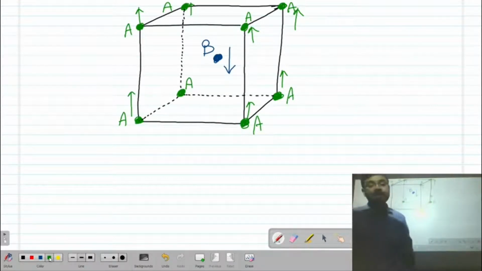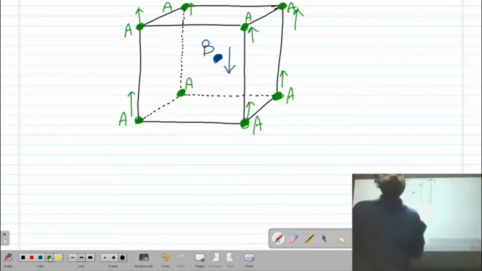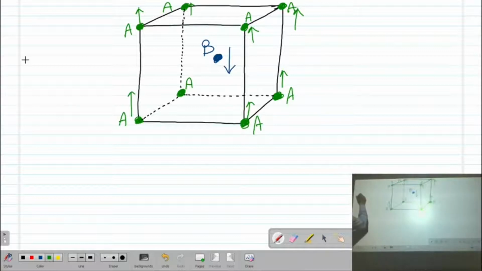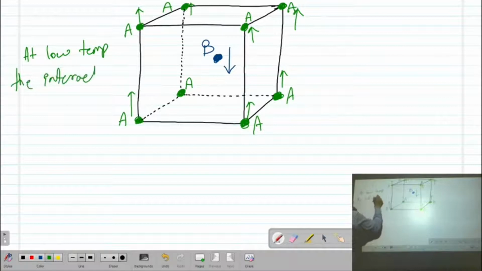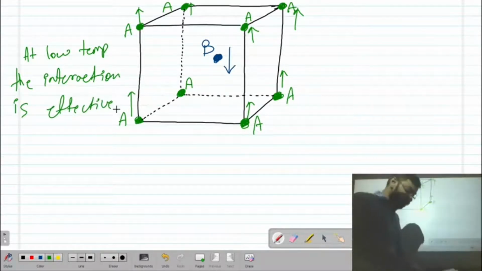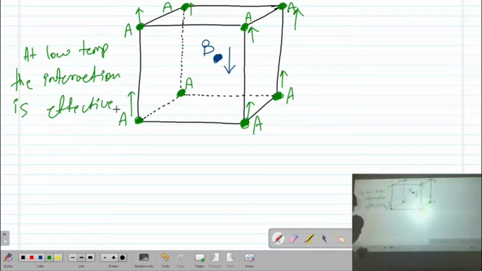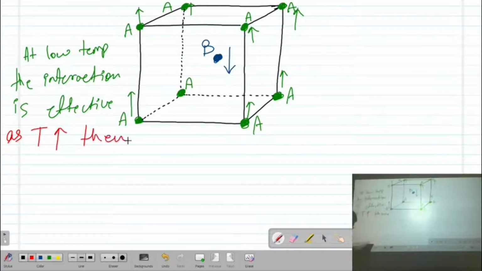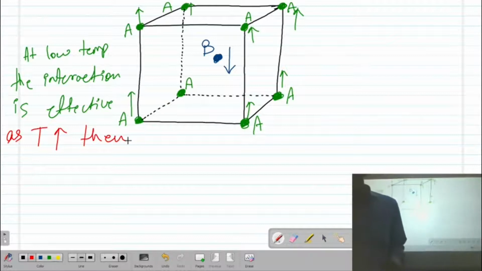Now, at very low temperature, the interaction is very effective, and as the temperature rises, the efficiency of the interaction decreases and susceptibility increases.